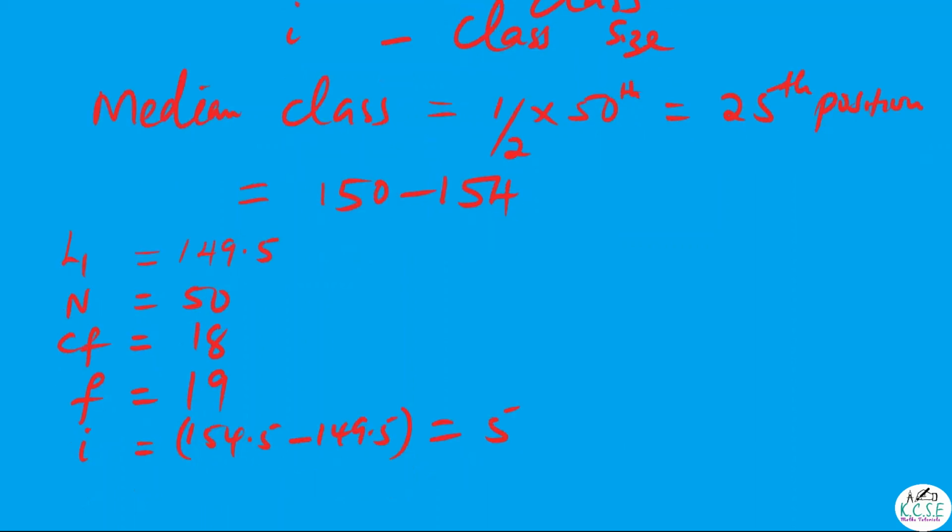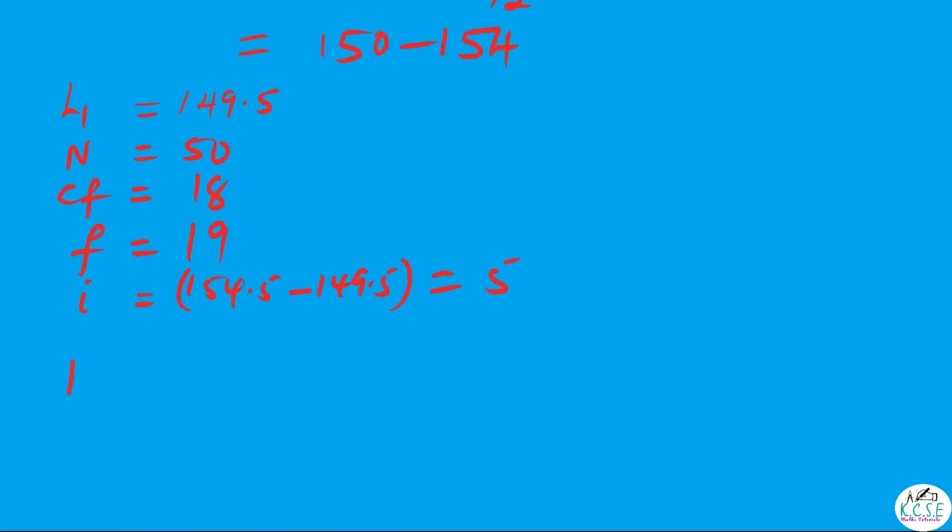I think we have obtained everything now. We can now get the median. So the median will be obtained by 149.5 plus, this is 50 divided by 2, subtract 18, everything divided by 19, multiplied by 5.